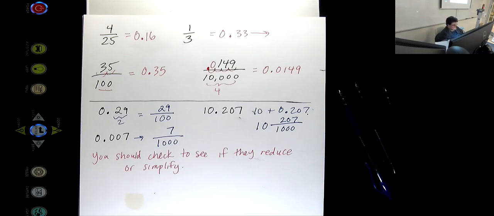I don't think any of those fractions simplified though.